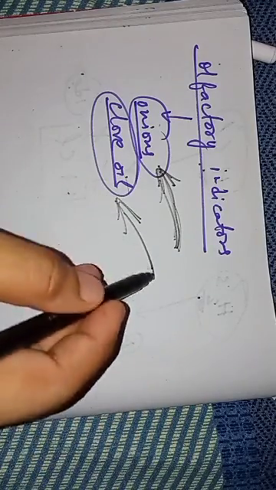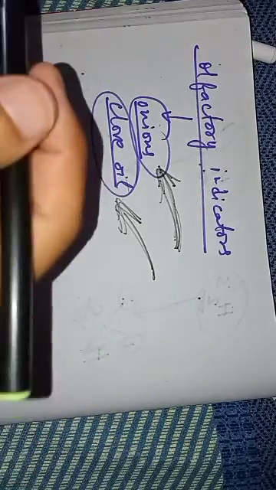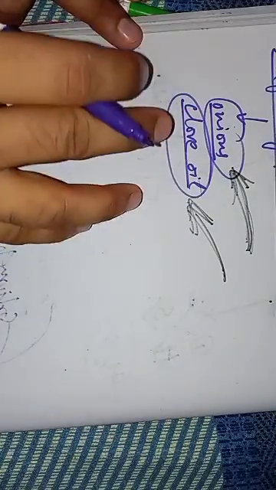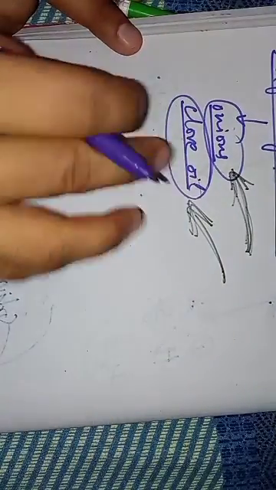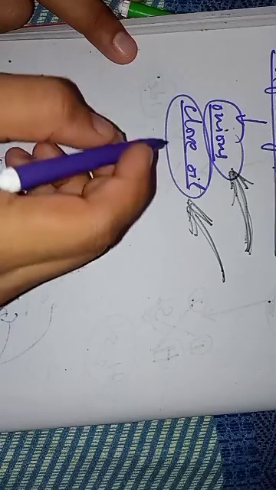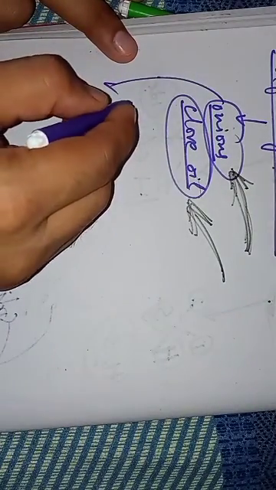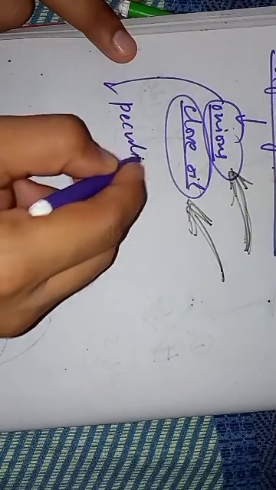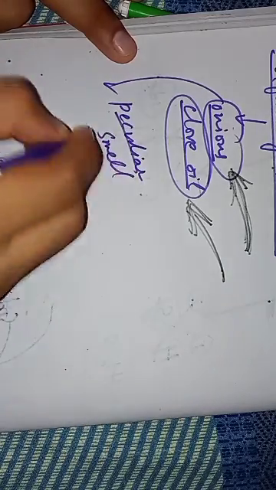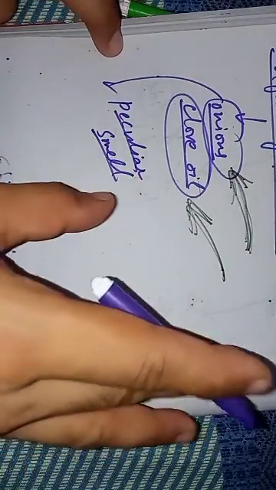When you add onion extract or clove oil to the acidic solution or the basic solution, there is a variation in the smell. And there is a concept to identify that solution to be an acid or base. How? You know that onion has a peculiar smell. It's very detestable. Some of us hate that.